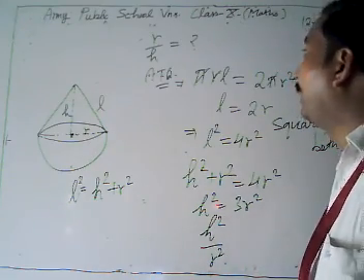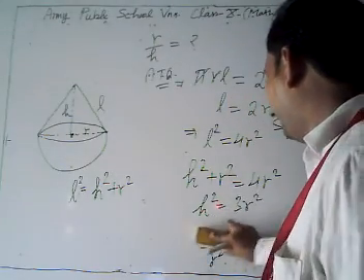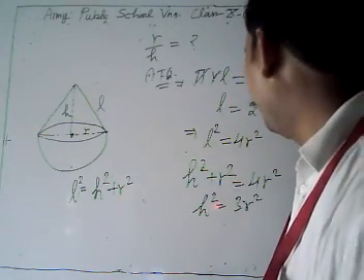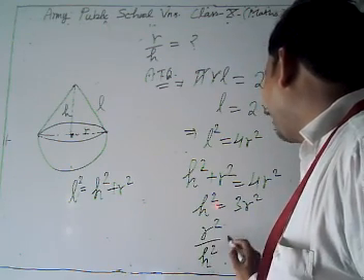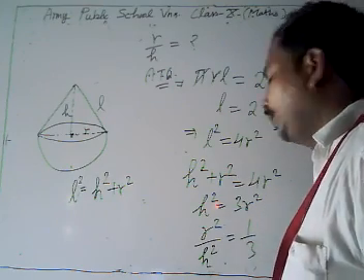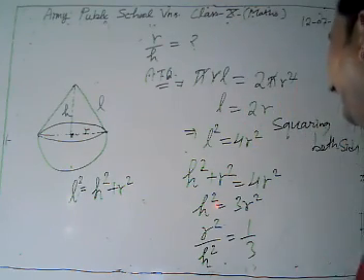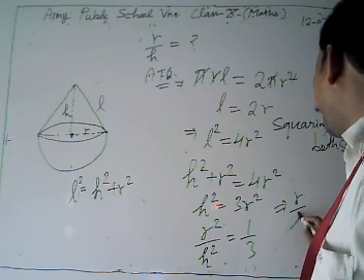Now we have to find out R by H. Then R square by H square is what? 1:3.